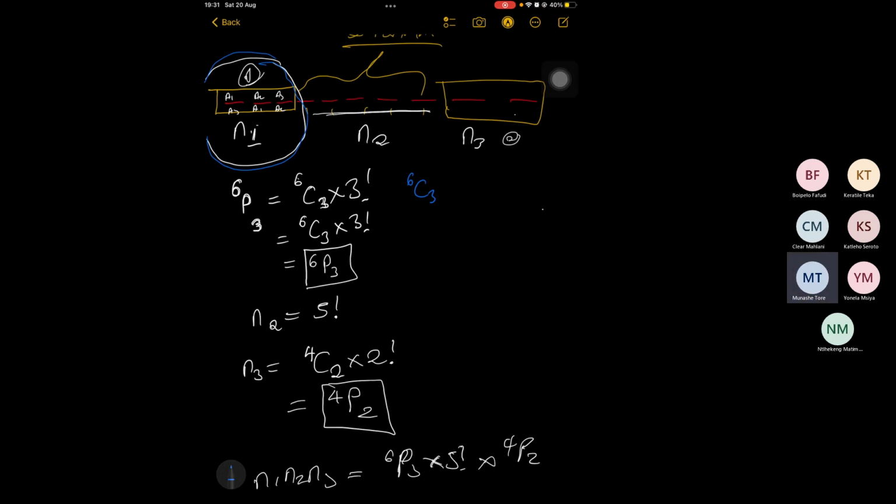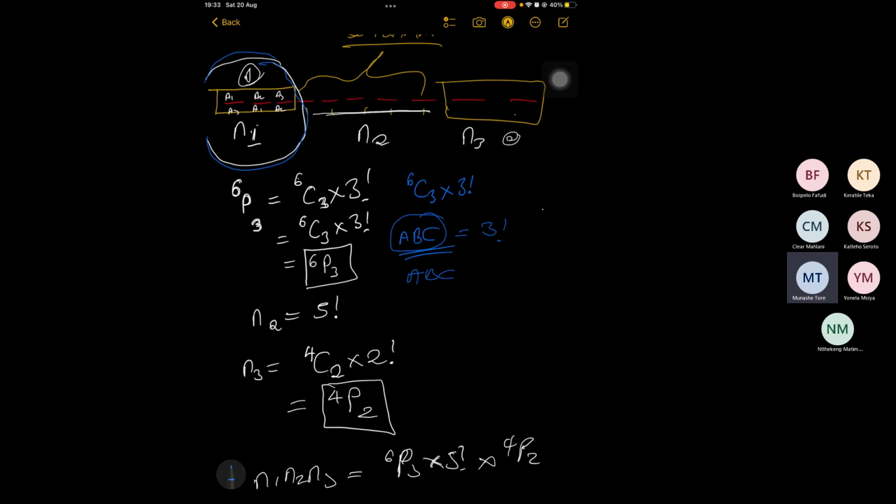The moment we have those 3 cars, in how many ways can we also group those 3 cars, which is going to be times 3 factorial? Because we just go back to what we did now, we have A, B, and C. In how many ways can you group A, B, and C? It's going to be in 3 factorial ways, isn't it?